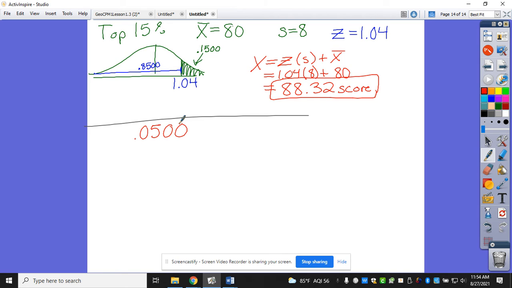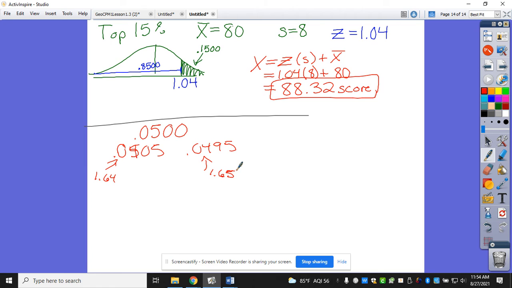What's my issue? So it's equally between 0.505 and 0.495. There are like two that work out this way that we use a lot. This one is 1.64. This one is 1.65.